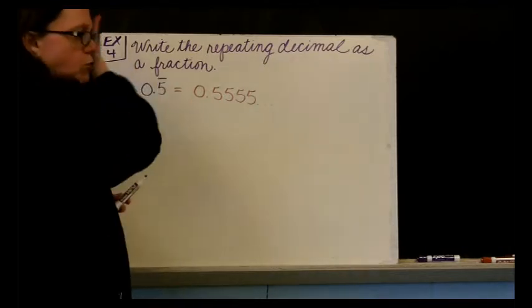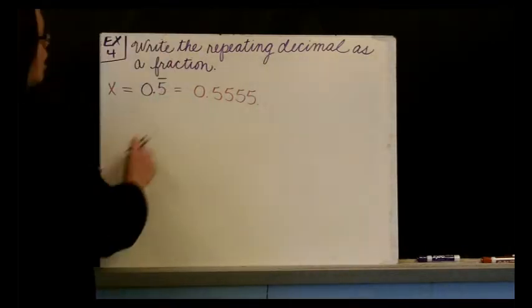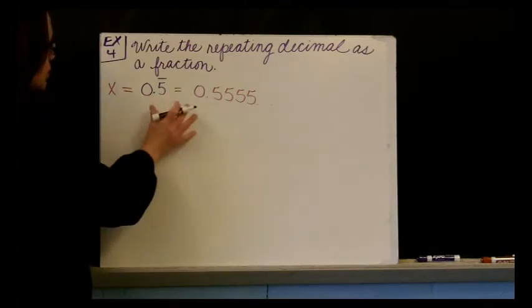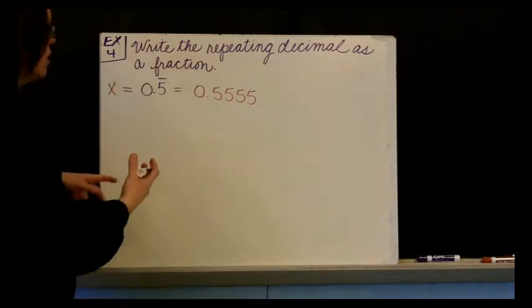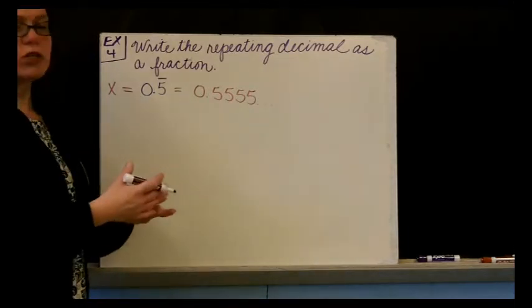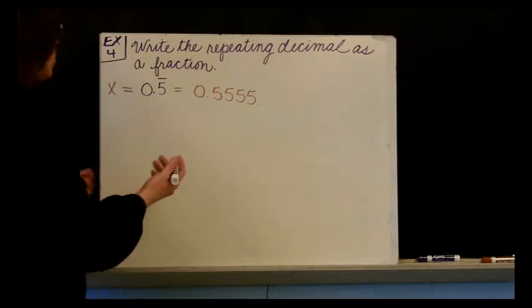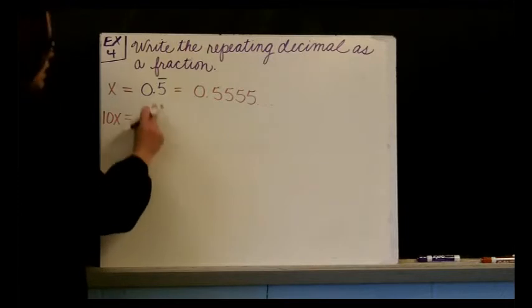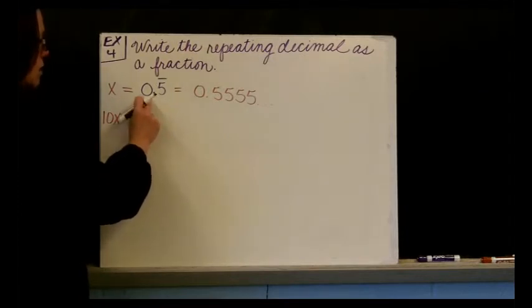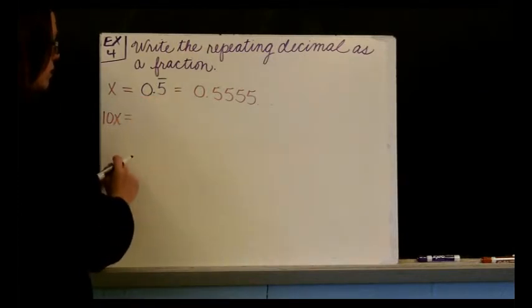Now here's what we're going to do. This involves some subtraction. We're going to multiply this, every piece, by 10. We're not changing its value. We're just changing the way that it looks. We're making an equivalent. So 10x means 10 times 0.55 repeated.